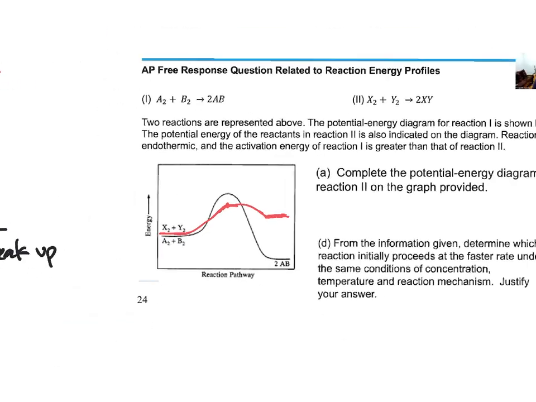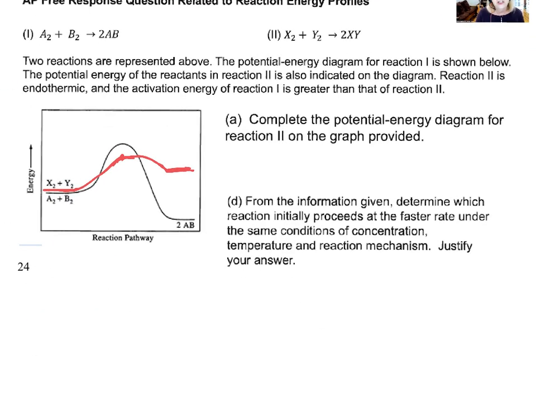Okay. From the information given, determine which reaction initially proceeds at the faster rate under the same conditions of concentration, temperature, and reaction mechanism. Which one do you think is going to react faster? Reaction 2.